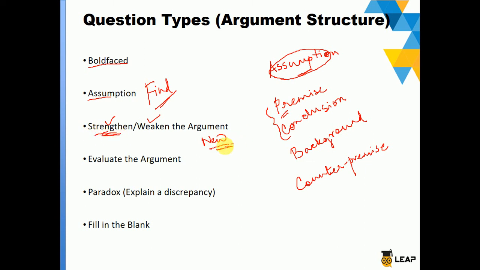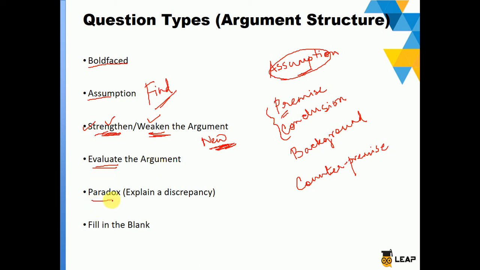When the new piece of evidence or information that is included weakens the argument, that is when it is a weaken the argument. Alright? Evaluate the argument is again similar to the third variety here. This is where the argument can be both strengthened as well as weakened by the new information that is introduced. Alright, I promise you will understand this better when you start attending our live classes.